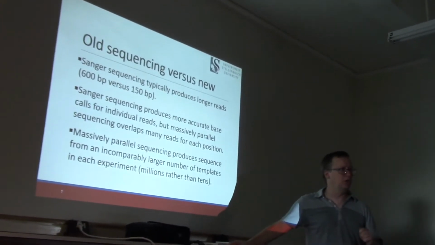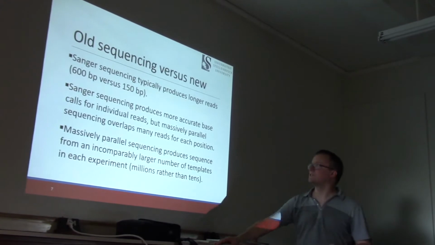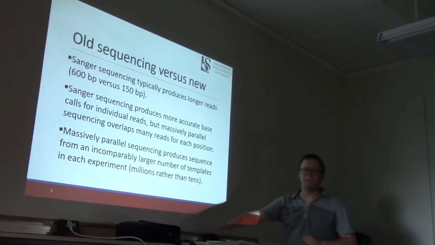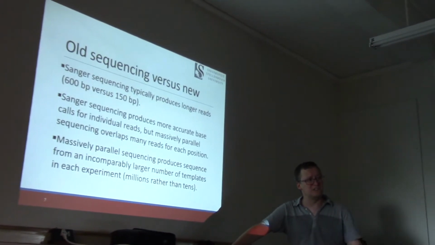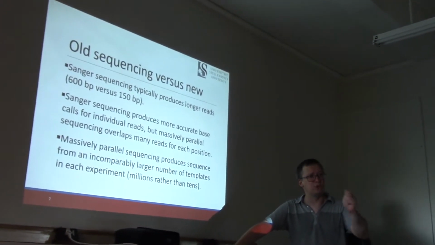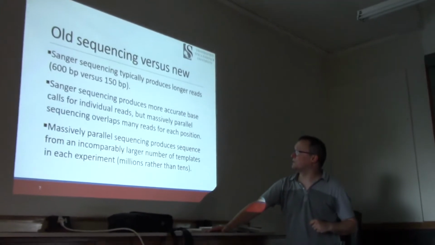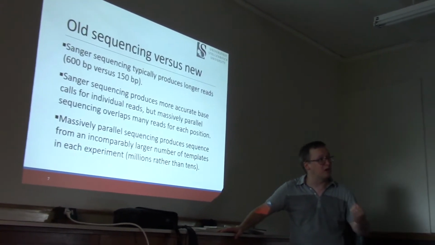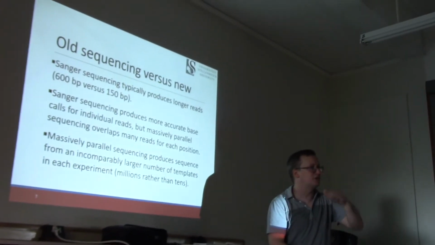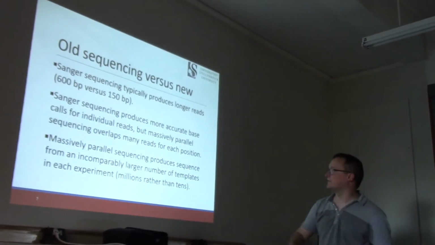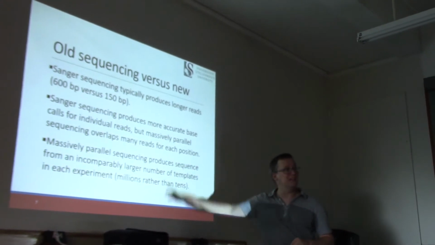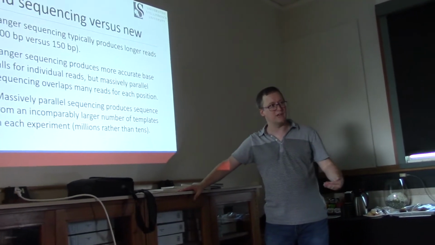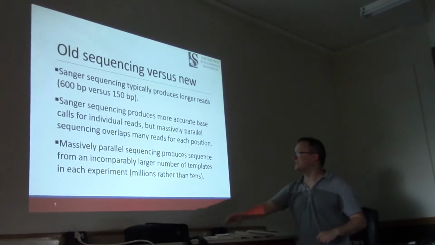So in general, when we talk about stuff like Illumina sequencers, we're talking about relatively short reads. Generally speaking, we would have a greater sense of accuracy about individual reads in the old school Sanger sequencers. But, as I said, there's a quality to having very deep coverage that results from having lots and lots of templates sequenced. So by playing those off of each other, you're able to compensate for the relatively high error rate associated with these shorter reads.